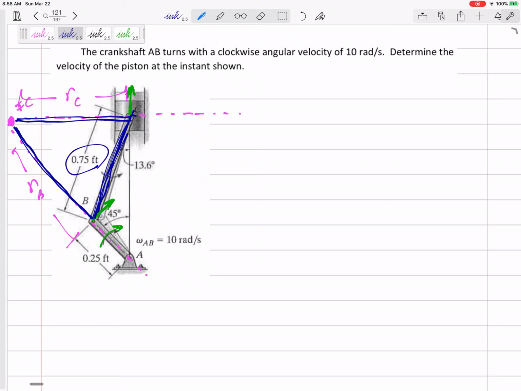All right, well, I know one side is 0.75 and the other sides are RB and RC. It's not a right triangle, so I can't just use sine or cosine. I know one side. Do I know any angles?